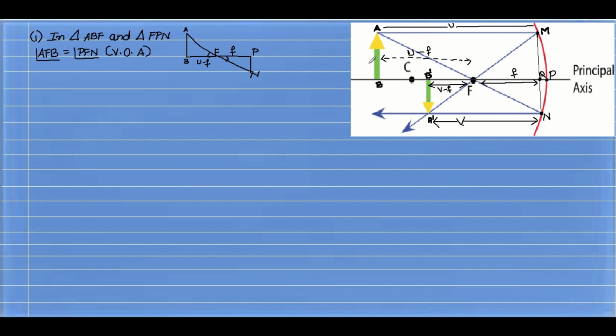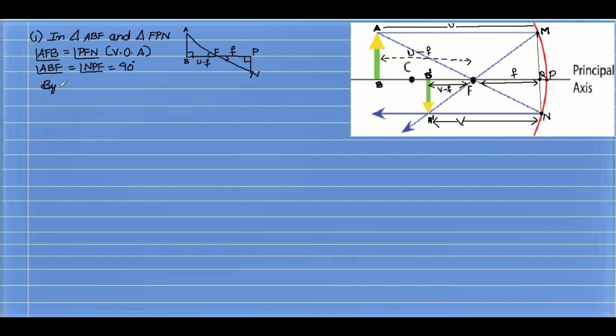If it is perpendicular to the principal axis, then it will be 90 degrees. So this is 90 degrees and this is also 90 degrees. Therefore, angle ABF is equal to angle NPF because both are 90 degrees. So from 1 and 2, two angles are equal.